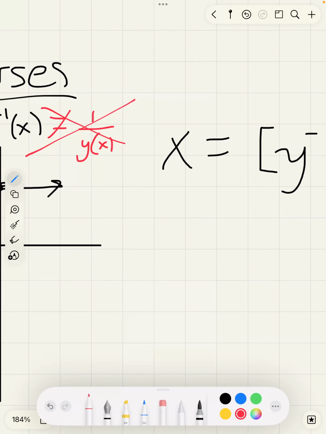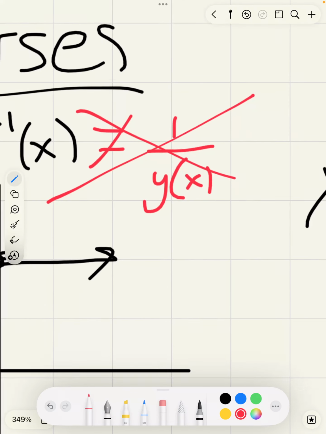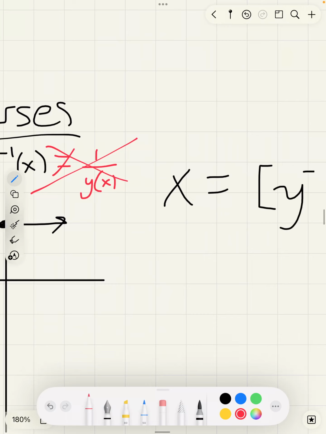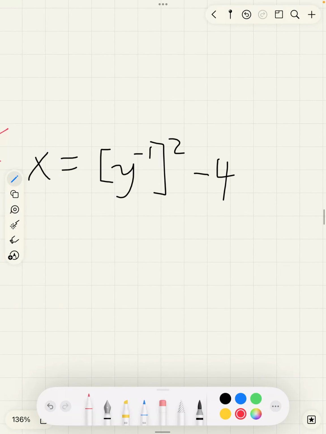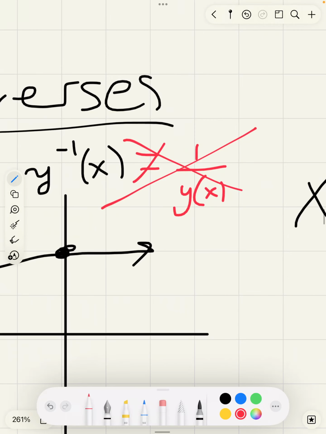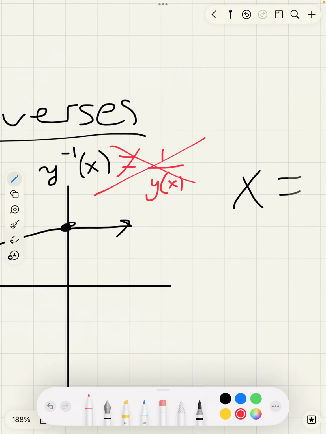So side note, what I just wrote here, that is called a reciprocal. That is not an inverse. Inverse is specifically when you undo all of the things that were done to x. So think of inverse as opposite and reciprocal as flip a fraction. Yeah, they're different.